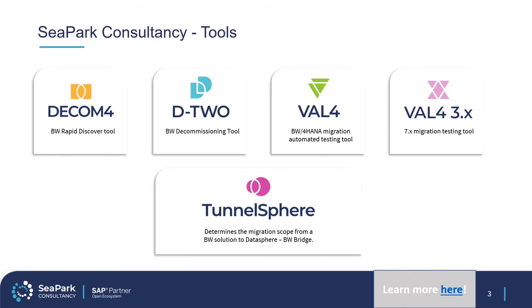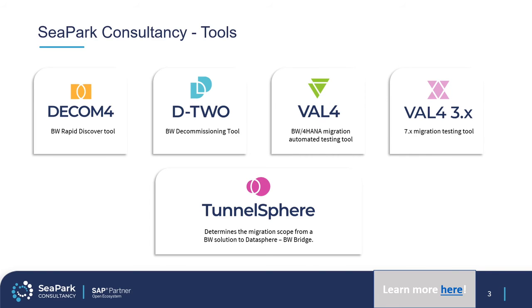CPARC consultancy tools have been developed to optimize the transformation process from SAP BW to either SAP BW 4 or SAP Datasphere. The tools will help answer many questions related to the time required for a migration project and the costs associated with such a project.